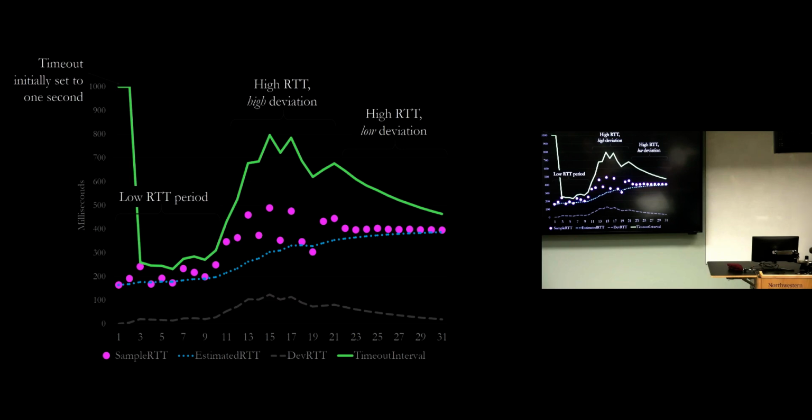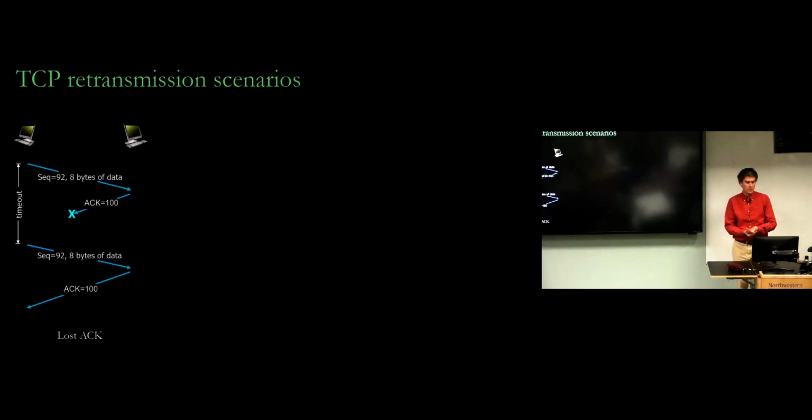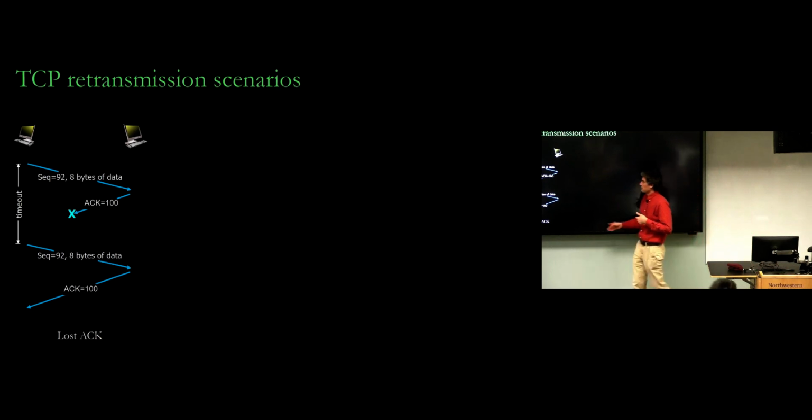All right, so that's a pretty simple concept. All right, so timeouts are used to decide when to retransmit. Here's a simple scenario where you send a packet, the receiver sends an acknowledgement, but the acknowledgement's lost. Eventually there's a timeout, and then the sender retransmits.